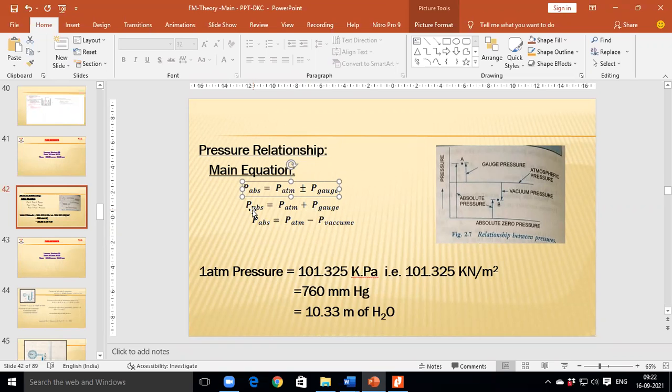So you can consider one example, that is a balloon. If we insert air in the balloon, what happens? The size of the balloon will increase.